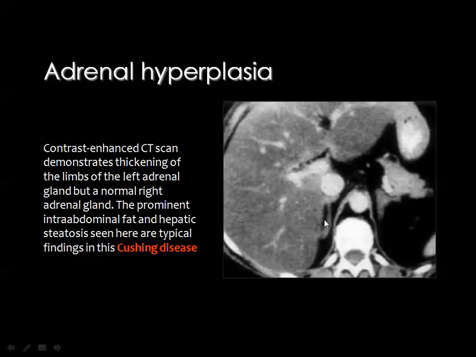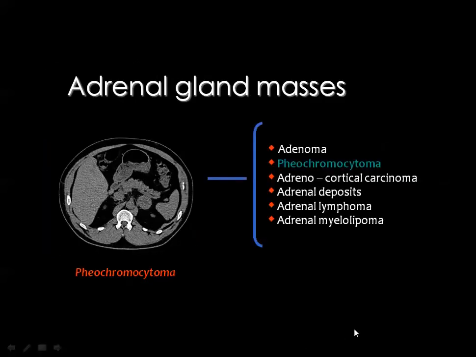And this is a case of adrenal hyperplasia on both sides. And in a patient with Cushing syndrome, you see the fatty infiltration of the liver, the excess intraperitoneal fat as well, secondary to the Cushing disease.